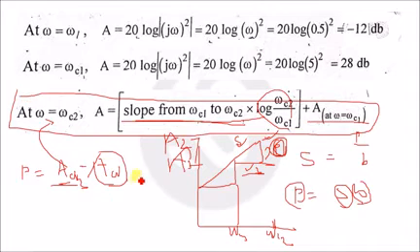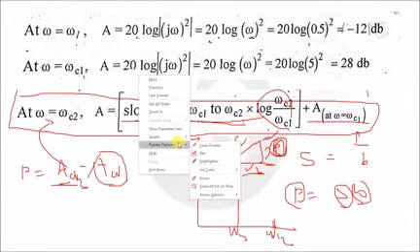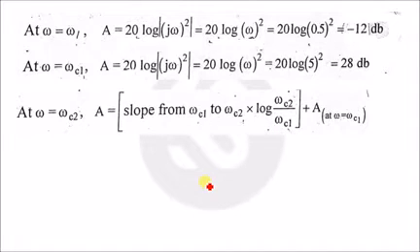Clear? So I repeat. When you try to plot and find the gain, first remove all the terms which are related to 1 plus something s terms. The remaining terms we have to take in between these two lines, that is the magnitude.